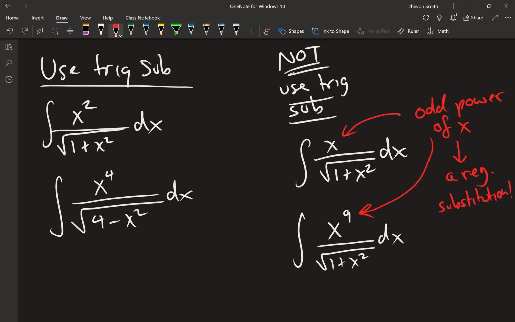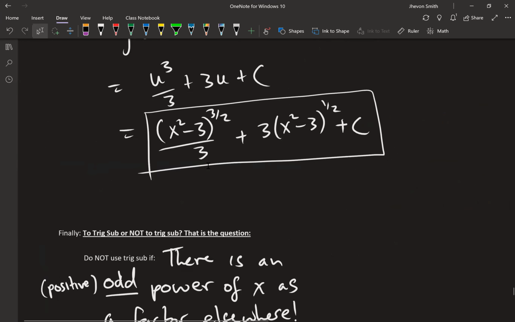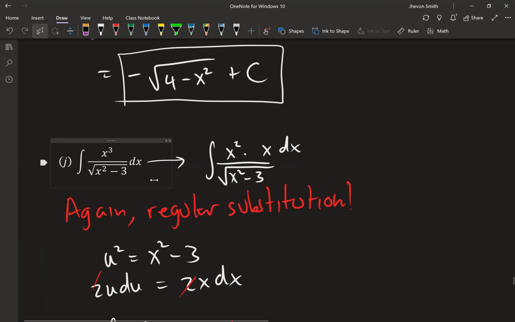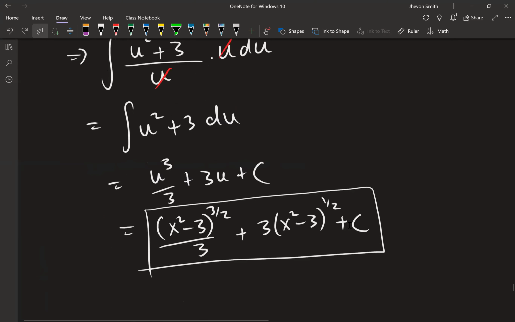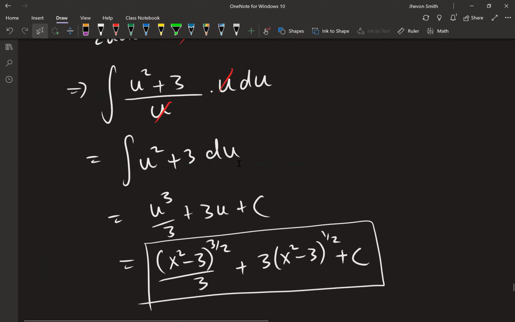And regular substitutions tend to be a lot nicer to pull off than trig substitutions. In fact, I would encourage you guys to redo this problem using a trig substitution, and you can tell me what you would like to do better, right? Here we get to the answer in 3 lines, right?